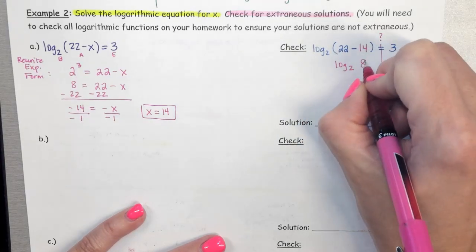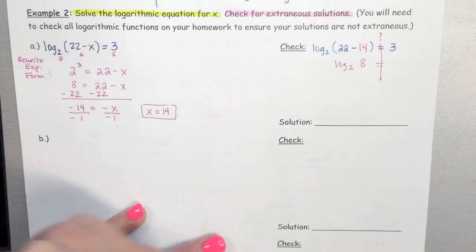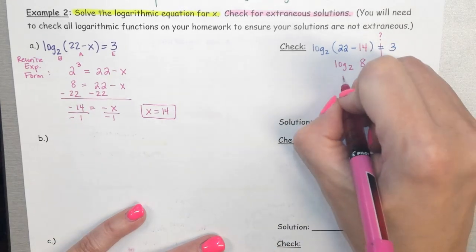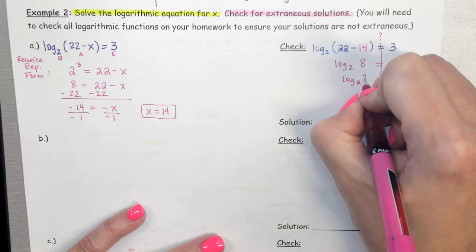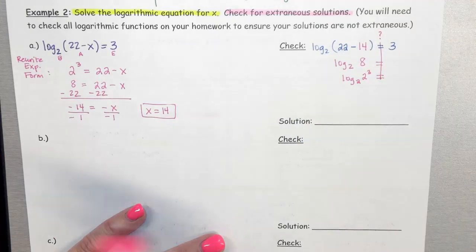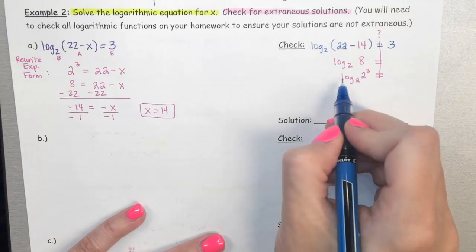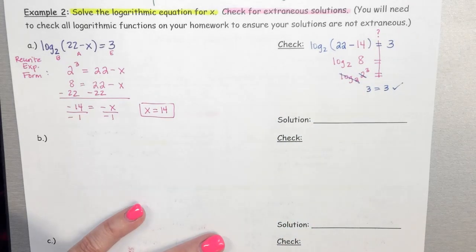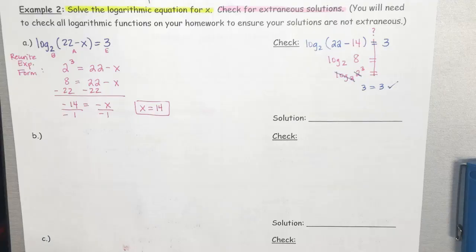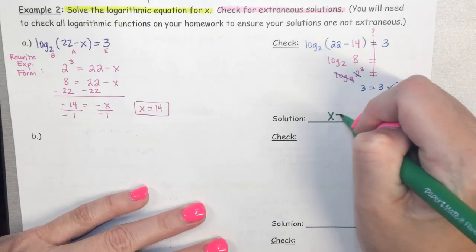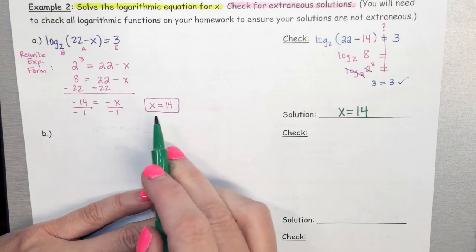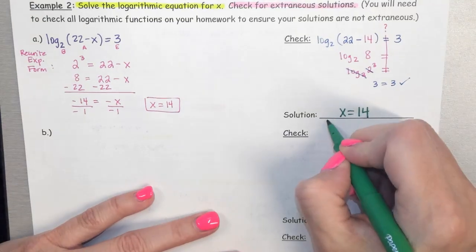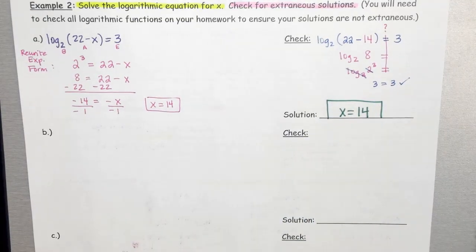We have to show that log base 2 of 8 is 3. To show that, you can just rewrite this as log base 2 of 2 cubed. So log base 2 and 2 will cancel, so 3 equals 3. If that is a true statement, then your solution is right. So your solution would be x is 14.